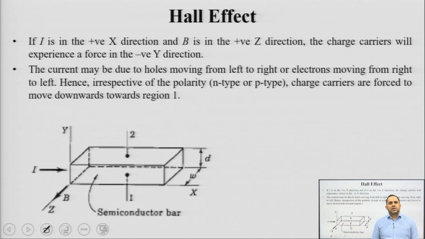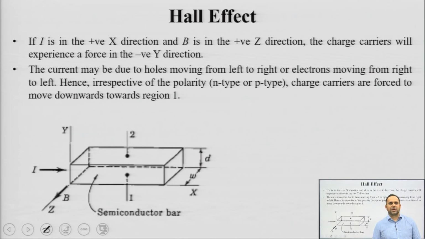Now, this current can be because of both electrons as well as holes. If your semiconductor is n type, the current which is flowing is predominantly going to be because of electrons. If your semiconductor is p type, the current predominantly is going to be because of holes.